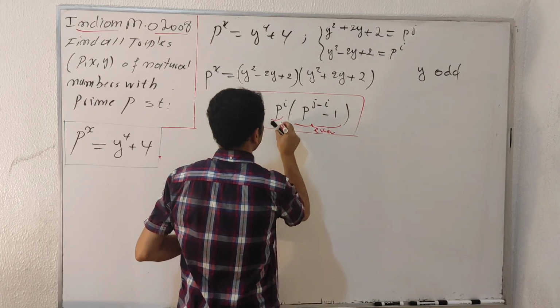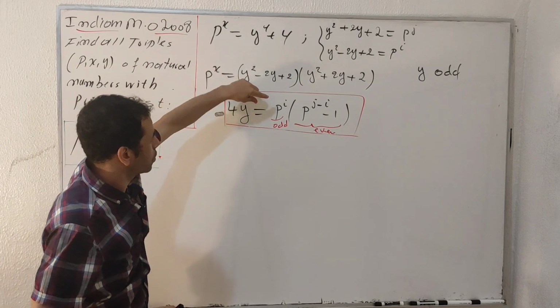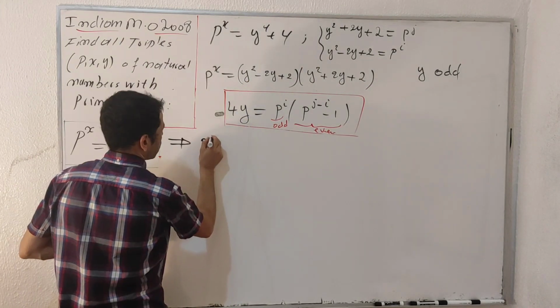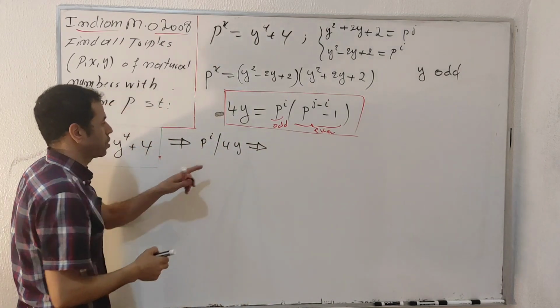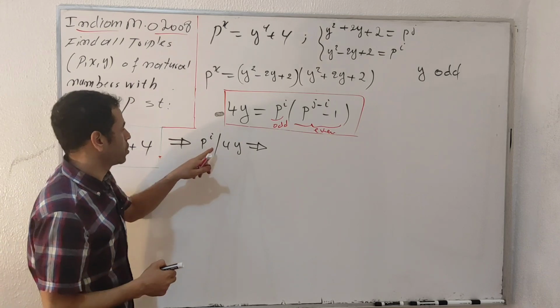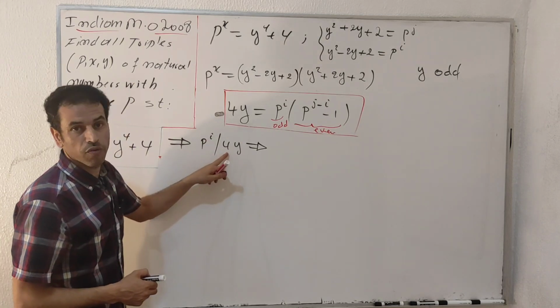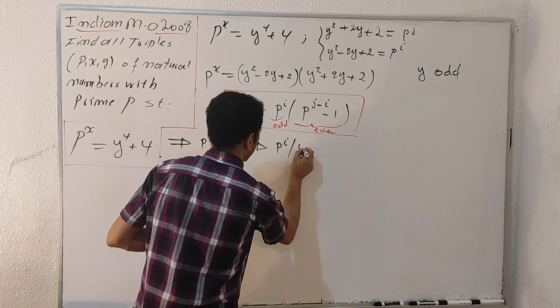This one is odd because it's an odd prime. Since the term 4y is bigger than p to the i, this tells us p to the i divides 4y. Since 4 is even, p to the i does not divide 4. This tells us p to the i must divide y.